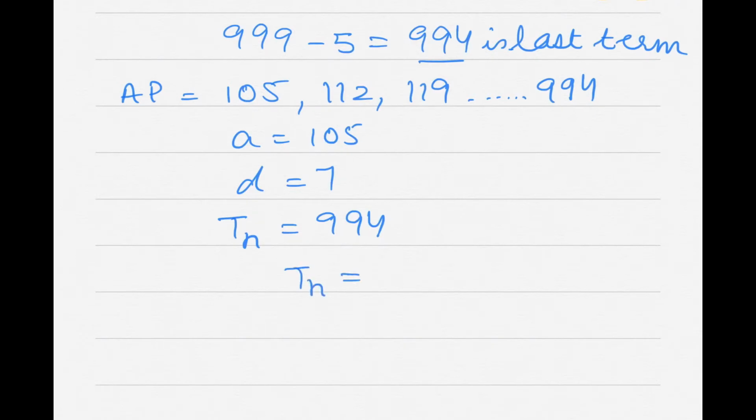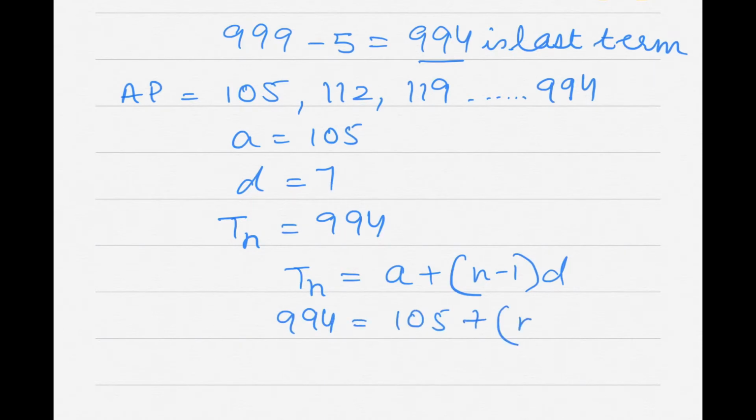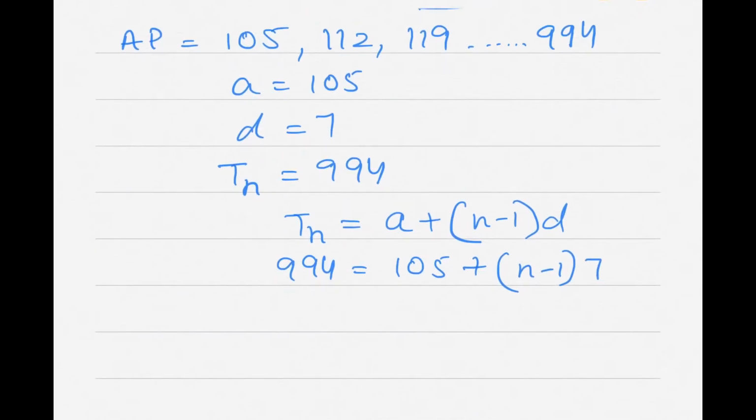So my Tn is equal to A plus n minus 1 into D. Now Tn I know is equal to 994, A I know is 105, n I have to find out, and D is equal to 7. So 994 is equal to 105 plus 7n minus 7.